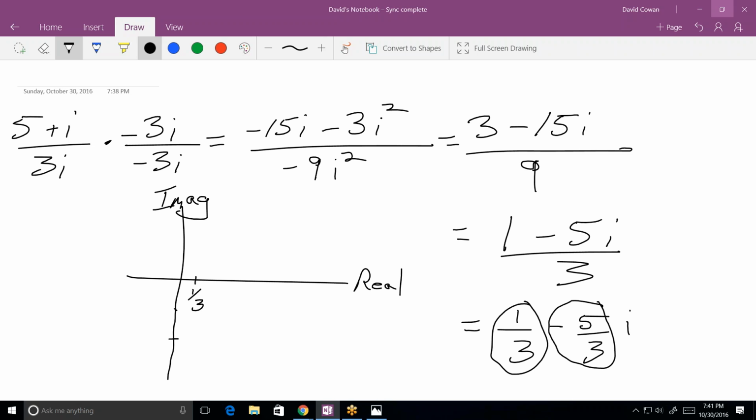So the point would be right there. That's how you graph an imaginary number. That's pretty cool. And you can also see why you have to have it in a plus bi format, because this has coordinates of 1/3, comma, minus 5/3, with this being the imaginary and this being the real. That makes a lot of sense.